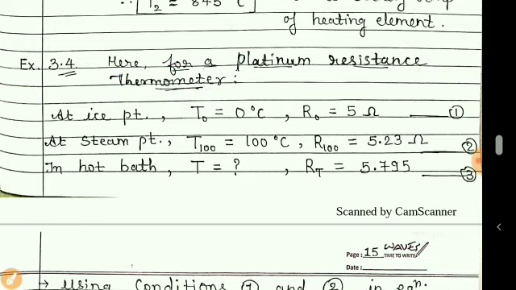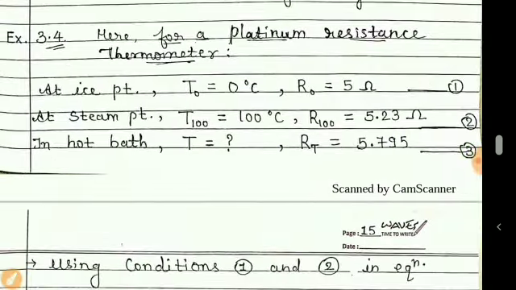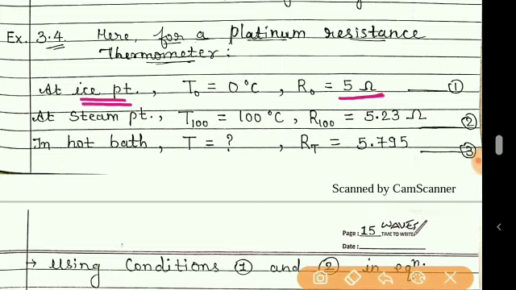So a platinum wire resistance thermometer is used. Now students, here it is given that at ice point the resistance is 5 ohm for this platinum resistance thermometer. Now ice point means the temperature is 0 degrees Celsius.